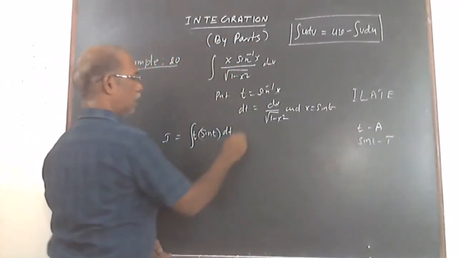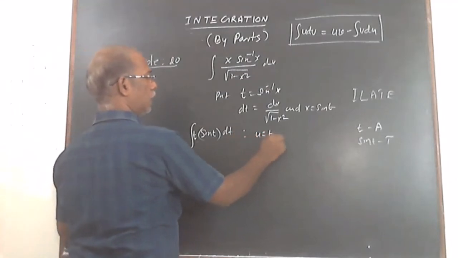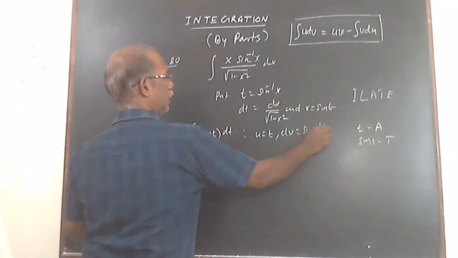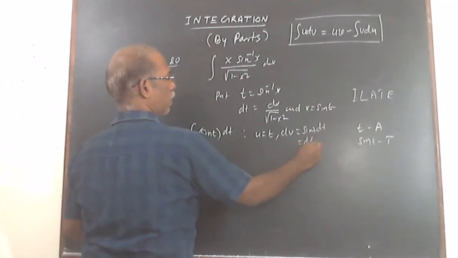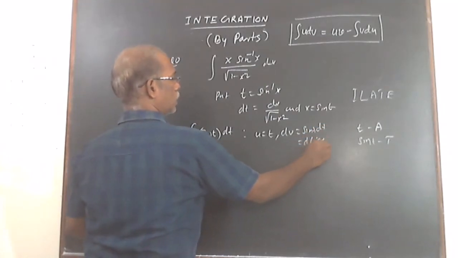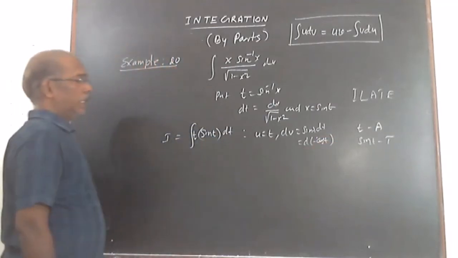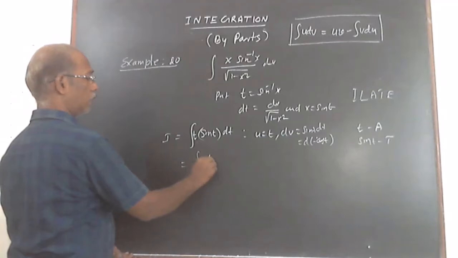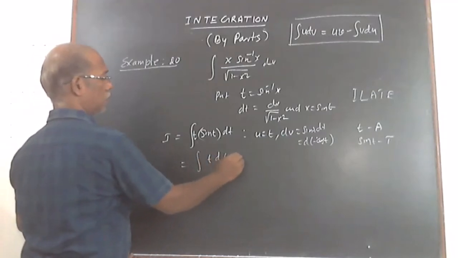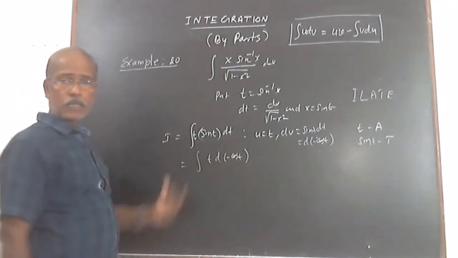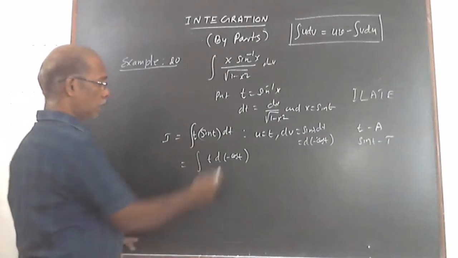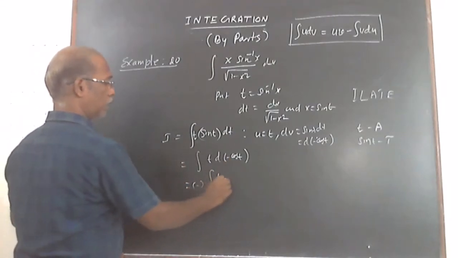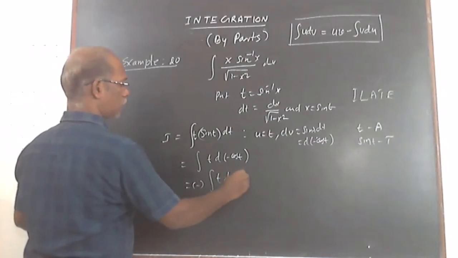So here u equals t and dv equals sin t dt, or d of minus cos t. So how to write this? I equals integral of t d of minus cos t. The same question we discussed as the first example. We can take the negative sign out: integral of t d of cos t.